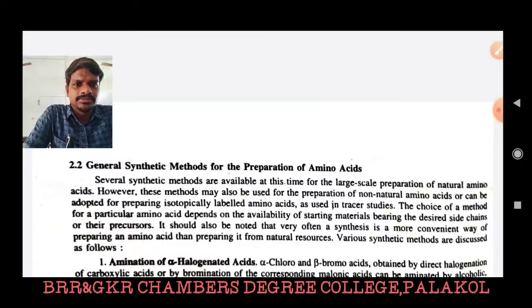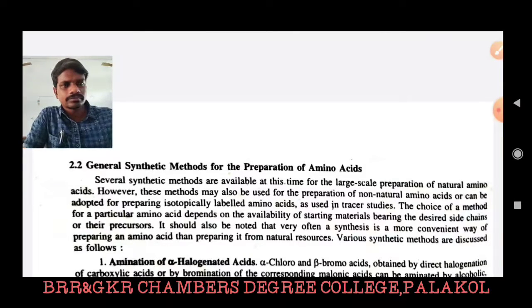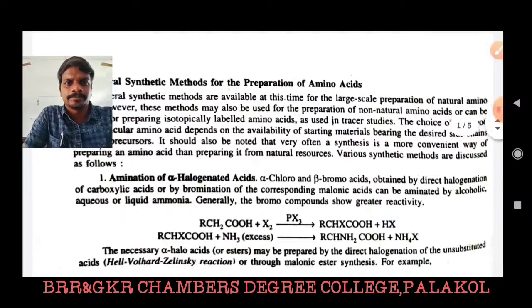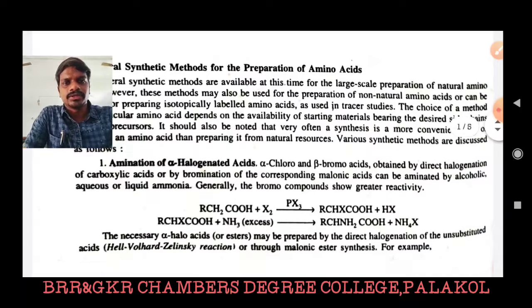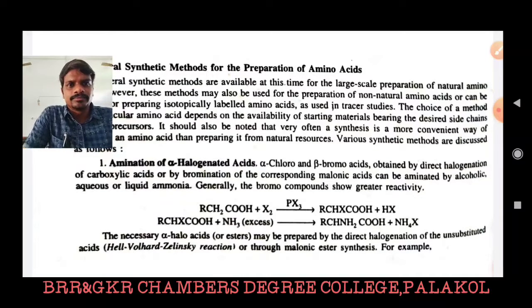Let us see the various types of preparation methods of alpha amino acids. Now, in this session, we are trying to discuss 6 preparation methods. Here, the first method is preparation of amino acid from alpha halogenated acid.